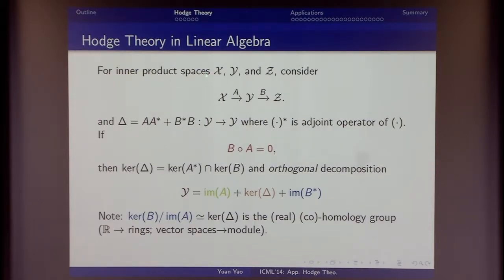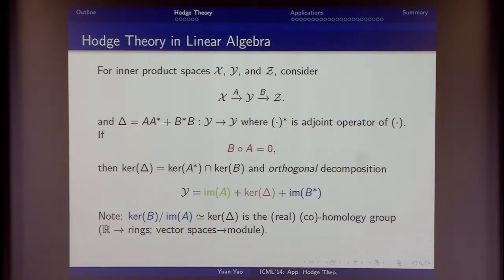Suppose you just have three inner product spaces, X, Y, and Z, and we have two operators or two matrices, A acting from X to Y, and B acting from Y to Z. And this composition satisfies this particular rule: A followed by B must equal 0. That's the only constraint we are going to use.